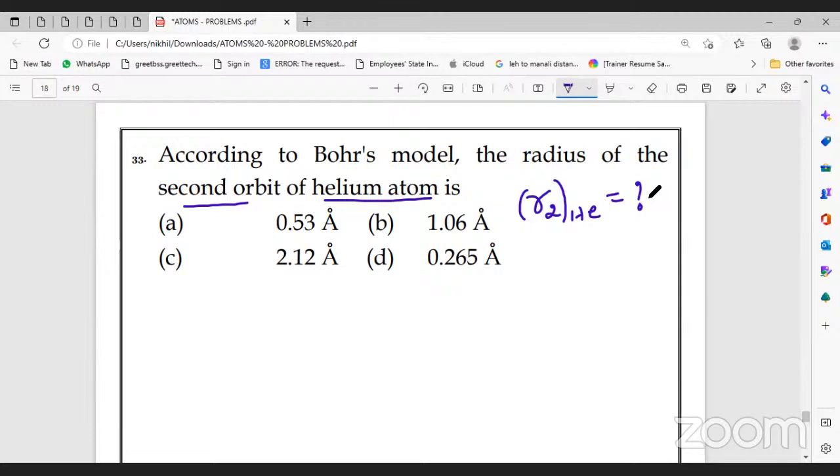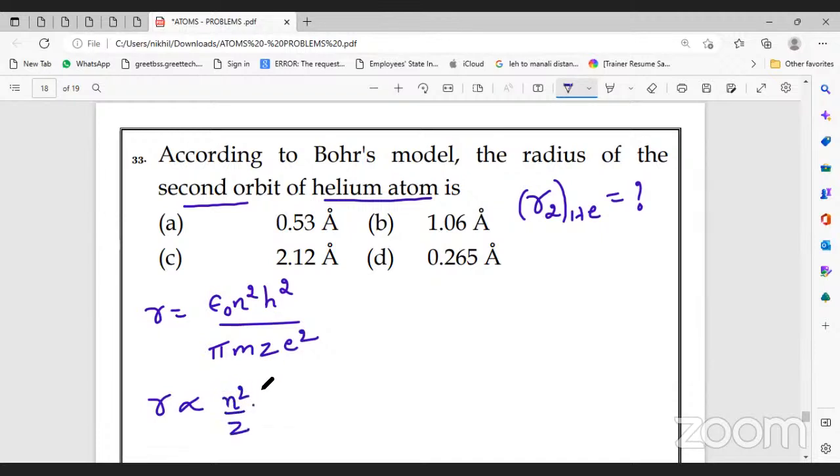Now, can you tell me what is the radius formula actually? Epsilon naught n squared h squared by pi m z e squared. So R is directly proportional to n squared by z times 0.53 angstrom. This is the general formula.